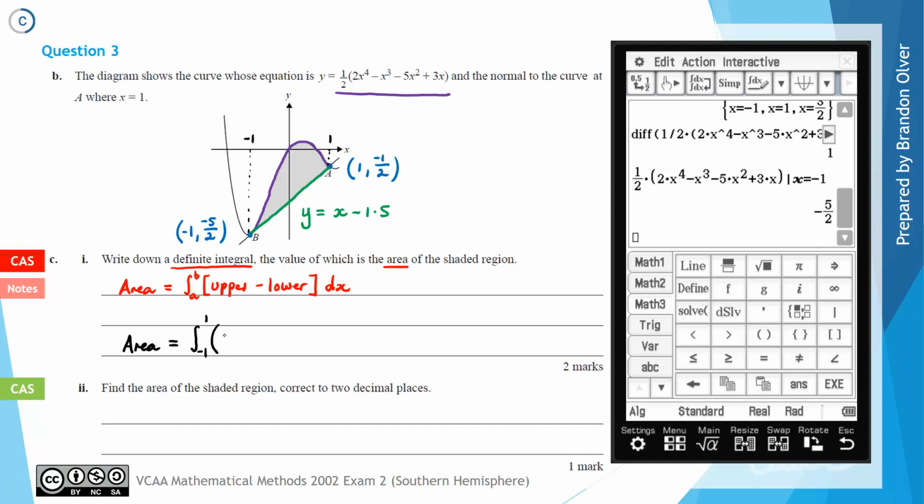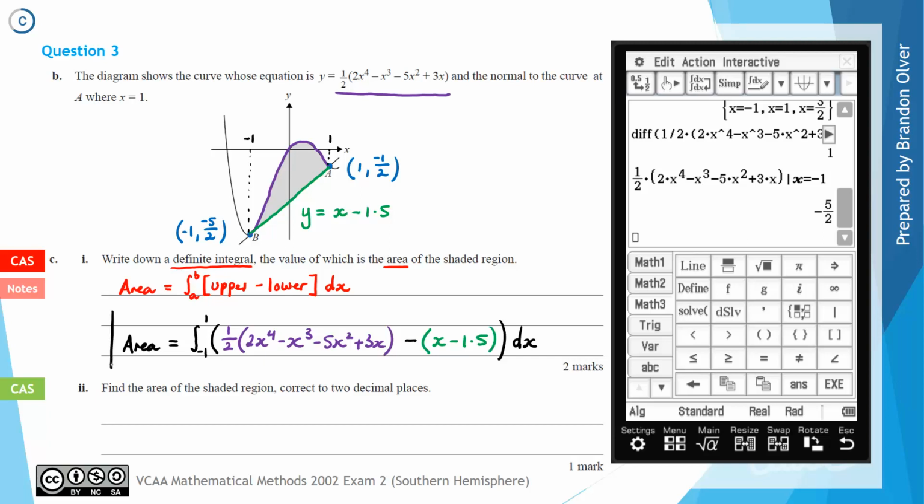And then we put in the rule of our upper function, which is going to be 1/2 multiplied by 2x to the power of 4 minus x to the power of 3 minus 5x squared plus 3x. And then we subtract away from that, and brackets are really important here, the function that was x minus 1.5, or that straight line that we did in green above. And all of that is going to be integrated with respect to x.